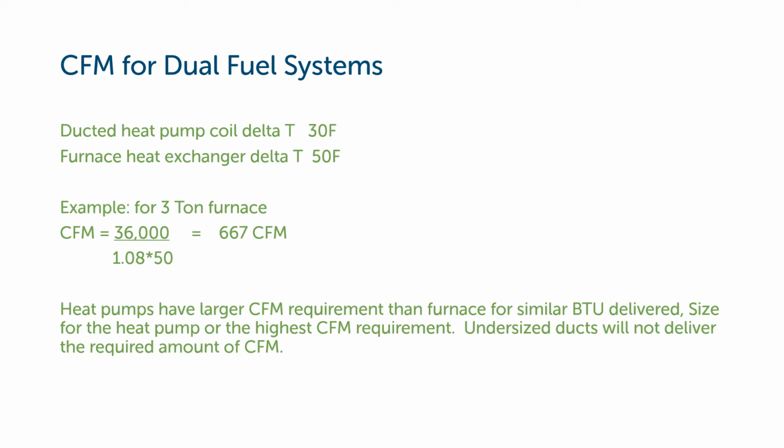So size for the heat pump, or the higher CFM requirement. If we design the ducts for the furnace in a dual fuel system, where a furnace and a heat pump share the same ductwork, we're going to undersize the ducts. Those undersized ducts are not going to deliver the required amount of CFM when we're running our heat pump. So design for the larger CFM requirement.